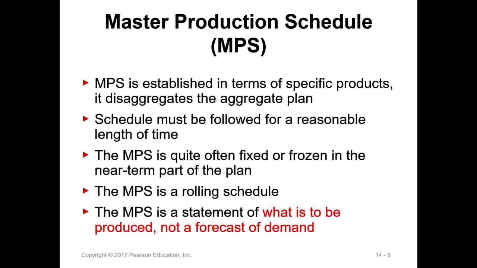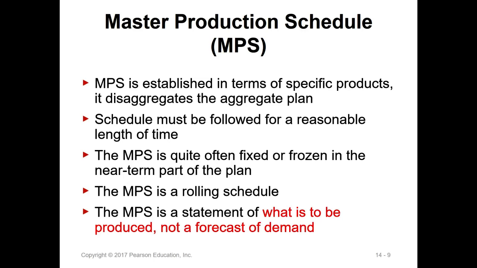So the master production plan is established in terms of very specific products, which is different from the aggregate plan. The schedule must be followed for a reasonable length of time. Like in the textbook, they mentioned the Wild Couch company has a frozen period, which is 14 days.